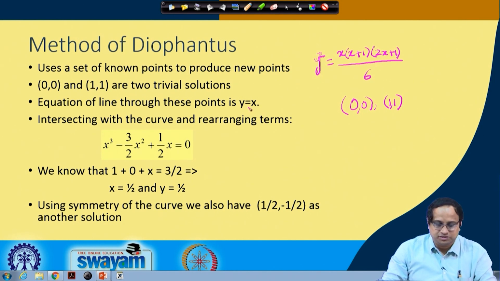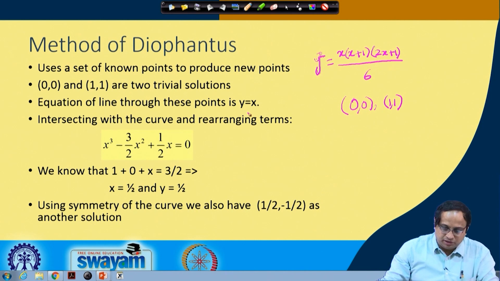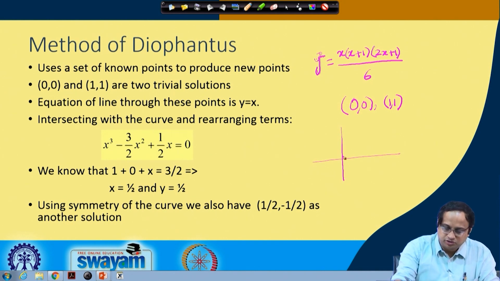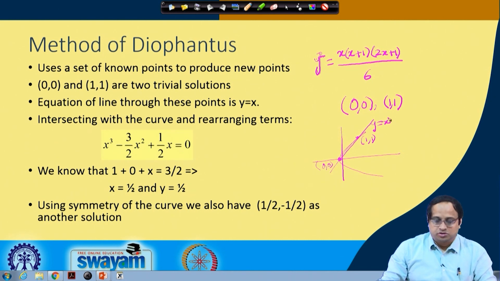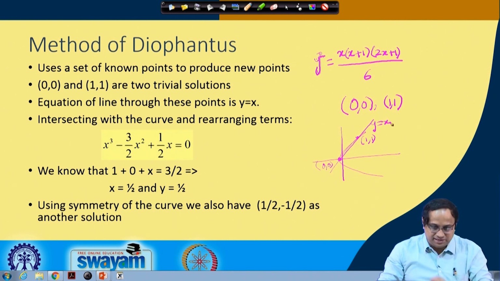So if I consider that the curve that we have is something like this, I take this point 0, 0 and the point 1, 1 and draw a straight line through these 2 points. This is my 0, 0 point and this is my 1, 1 point, and this straight line is y equals x.